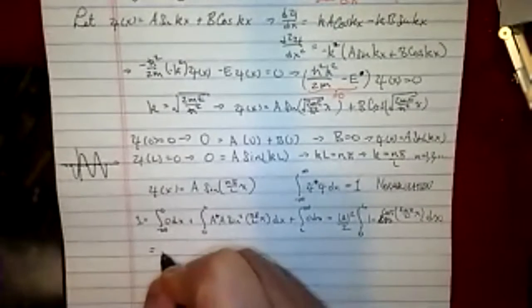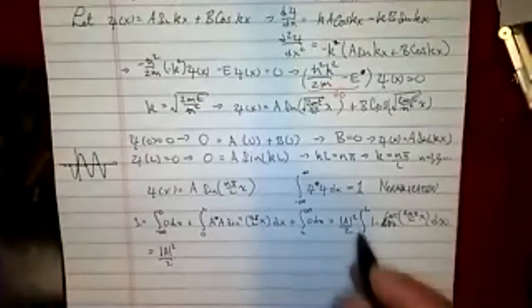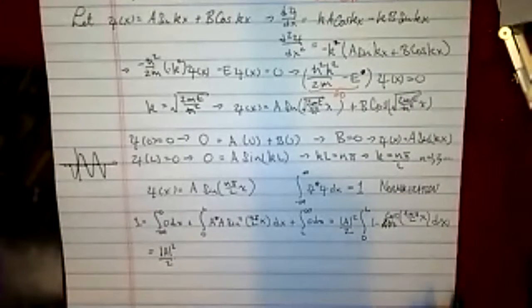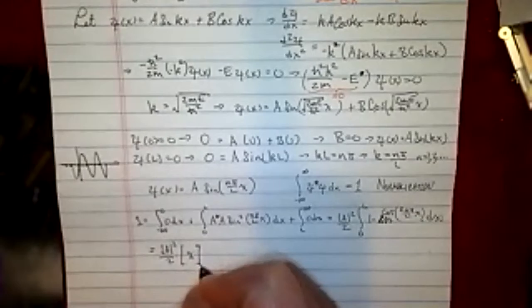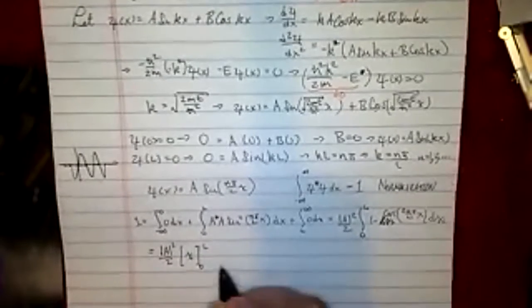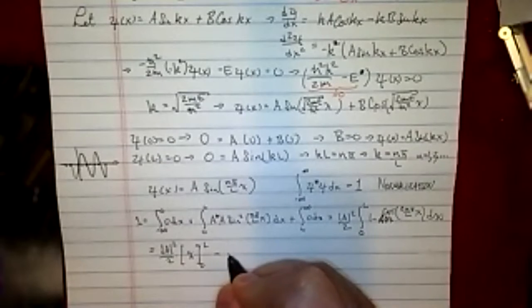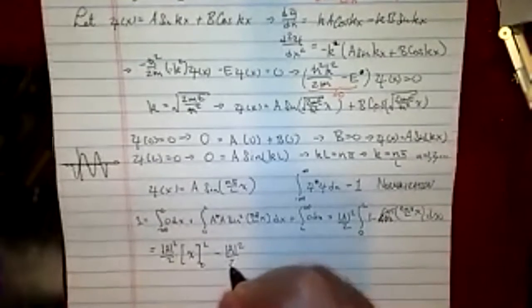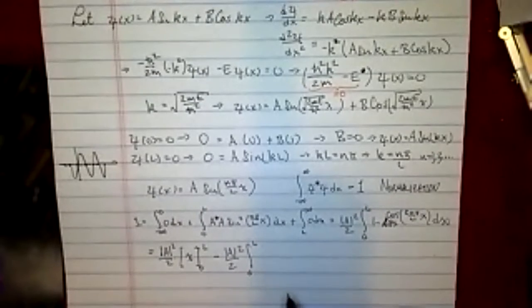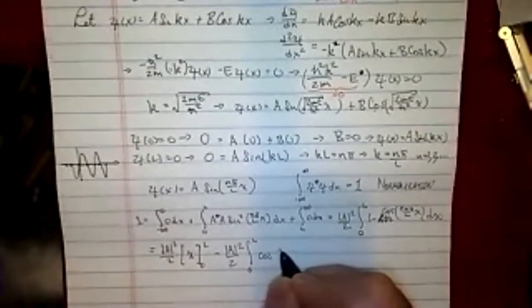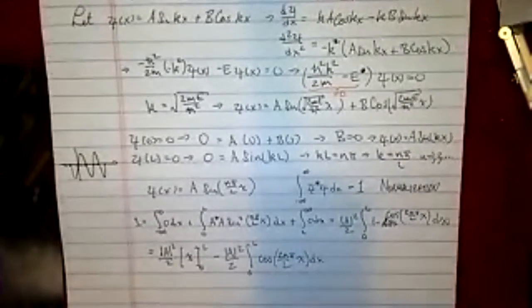That's our actual integral. Again, that's still equal to 1. So I'm going to say A squared over 2. The integral of 1 dx is just x, and that's evaluated from x equals 0 to L. Now I have minus the integral, still A squared over 2, integral 0 to L of cosine 2 n pi over L times x dx.